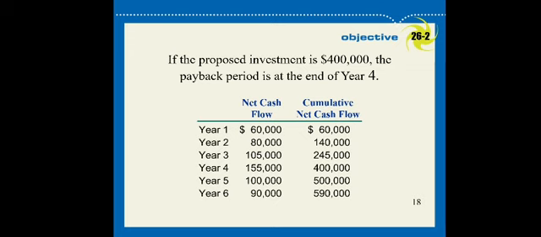That is the cumulative. After you have calculated the cumulative net cash flow, you have to identify the point where the company will get back their investment. So in this sample question, the company will get back their investment of 400,000 at year 4. Okay, this is the way.